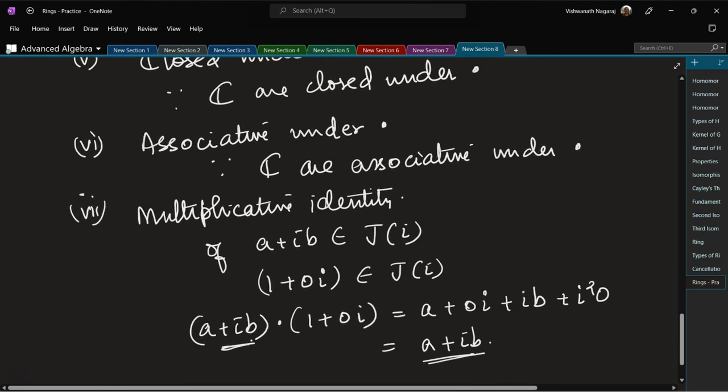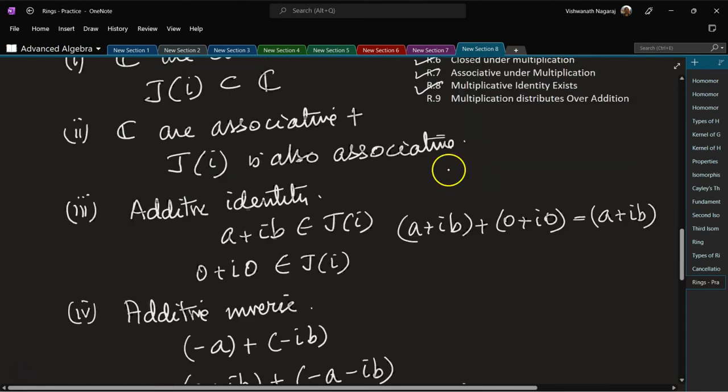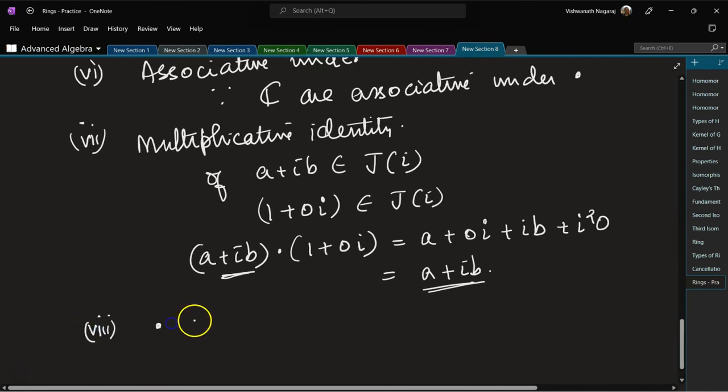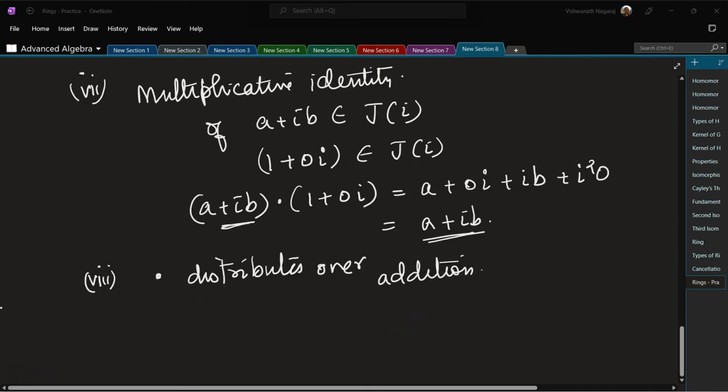So multiplicative identity exists. Multiplication distributes over addition. Okay? Now if you are not very clear about whether complex numbers distribute multiplication over addition, you can actually do it the hard way.